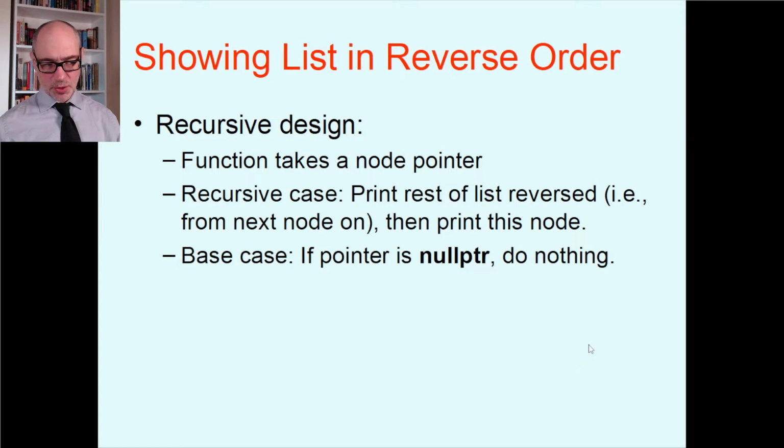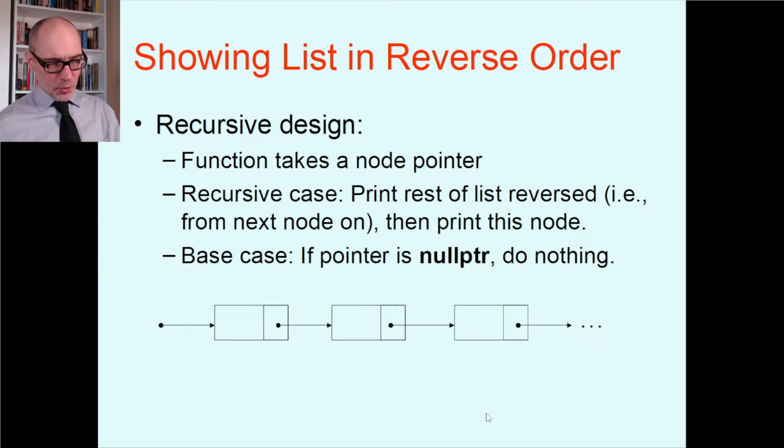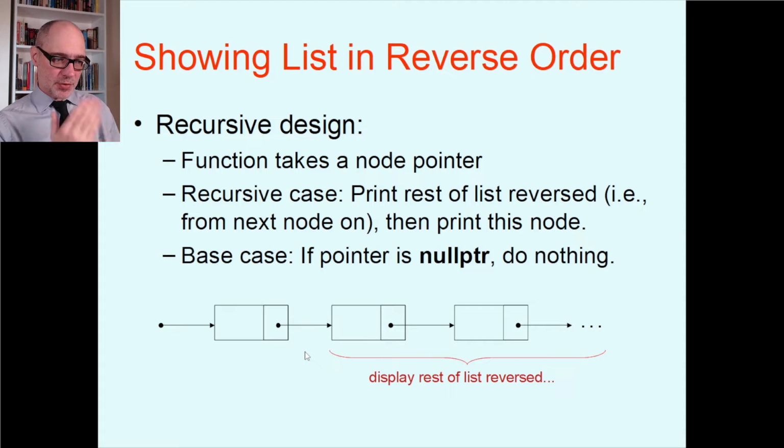Let's look at an illustration of that design. So once again, I have a linked list here, okay? The function that we're creating, that we're going to see in code on the next slide, you pass in a pointer to it, all right? And the first thing you're going to do is get the next pointer and ask this function that we're talking about to display the rest of the list reversed. And I'm just going to assume that that happens magically.